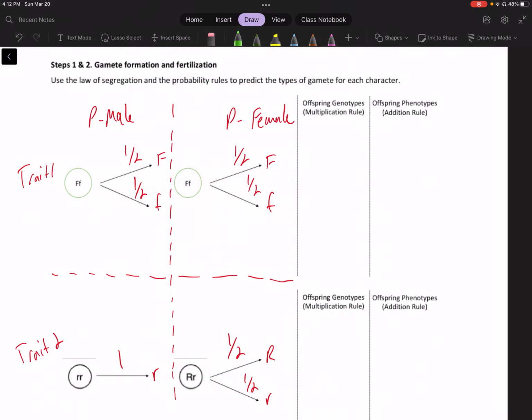I'm going to multiply this times this. So capital F, it's 1/2 times 1/2, which makes it 1/4. Then we have this first F again times the second F, so capital F, lowercase f is 1/4.